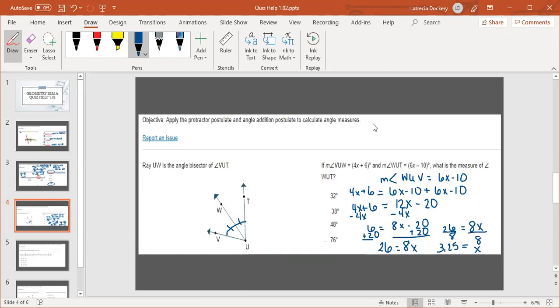So one of these angles, 6x minus 10, so 6 times 3.25 minus 10. Okay, I did something totally wrong on this one. Let me stop the recording and figure out what I did incorrectly, and I will be right back.